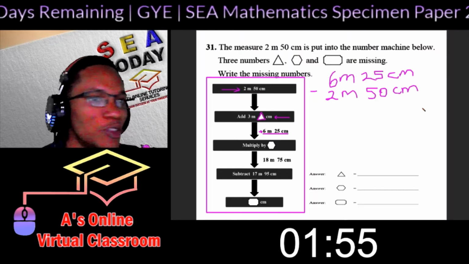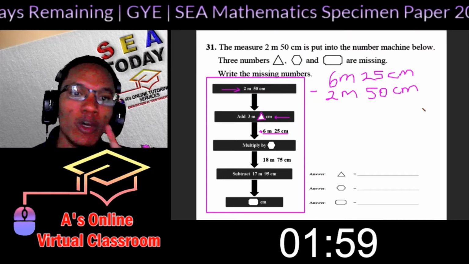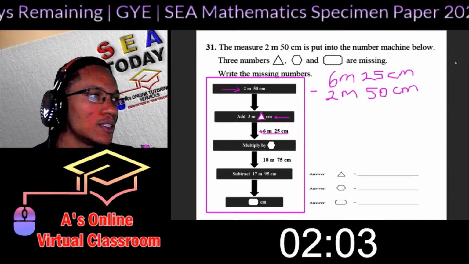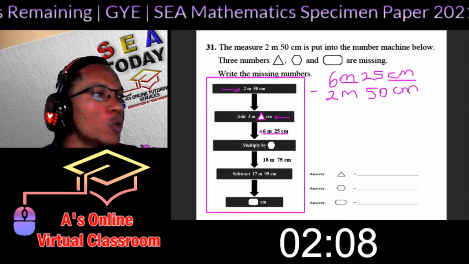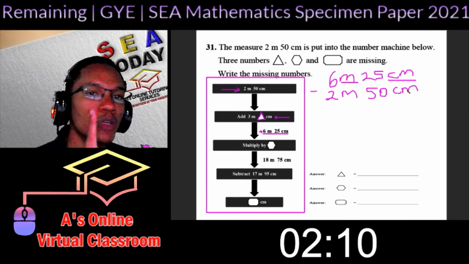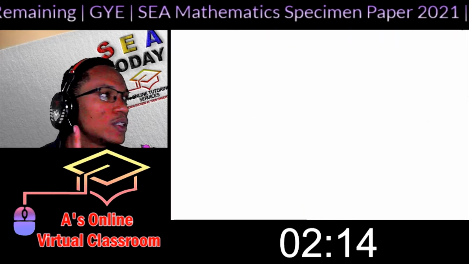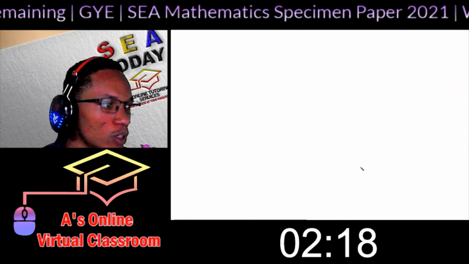Alright, so what we could actually do to make things easier, anytime we have a question that has different units, this is meters and centimeters, it is easiest if we change everything to 1 unit. And which unit should we use? Well, most times the question, or the answer, tells us what unit we're looking for.